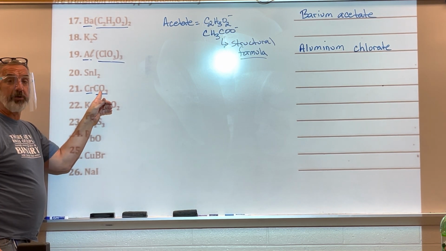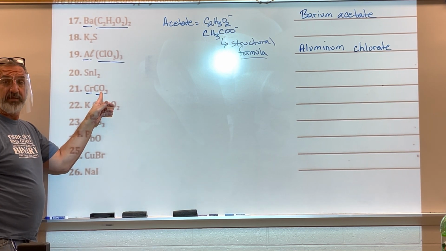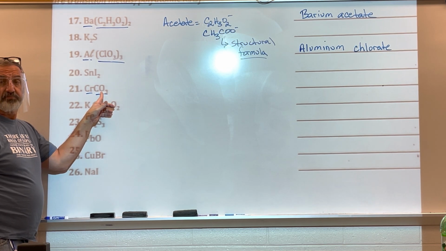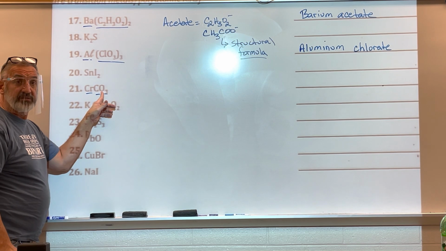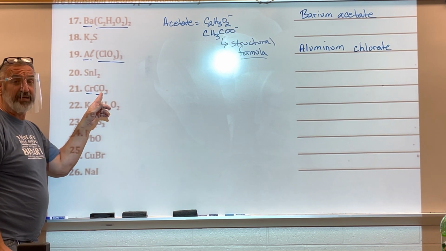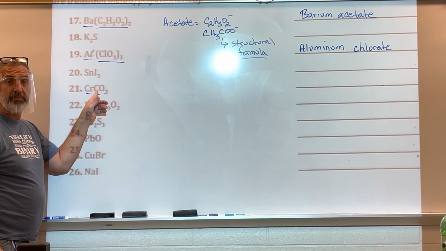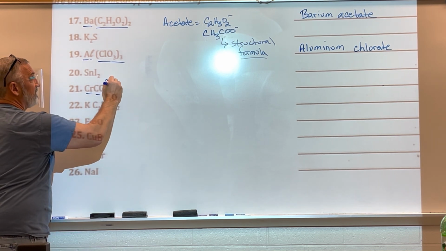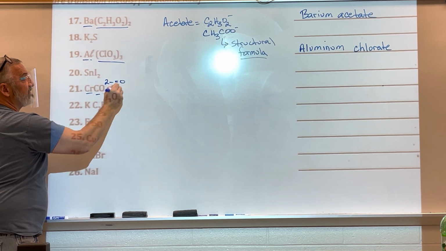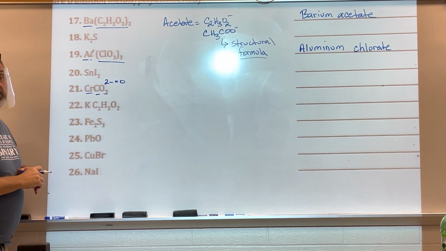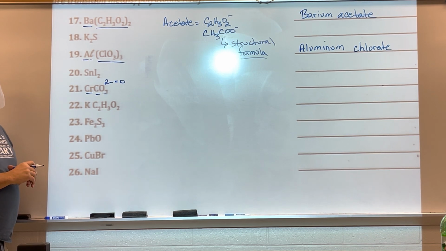What's the charge on carbonate from your sheet? Carbonate, not hydrogen carbonate. -2. Should be -2 on everybody's sheet. So since there's only one chromium and we know it has to add up to 0, what's the charge on chromium? 2+.